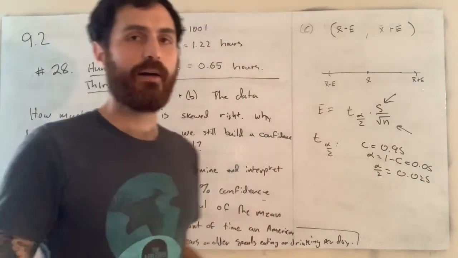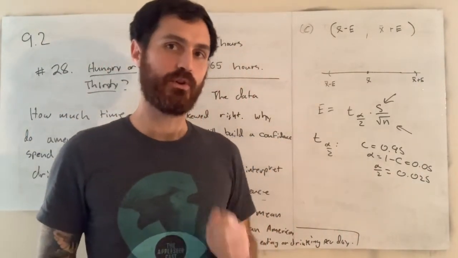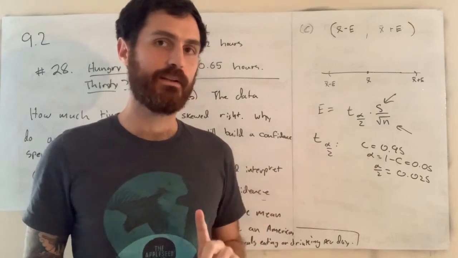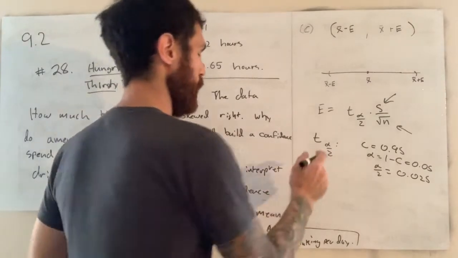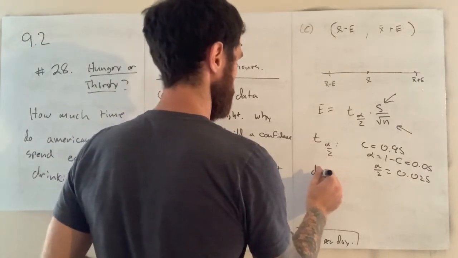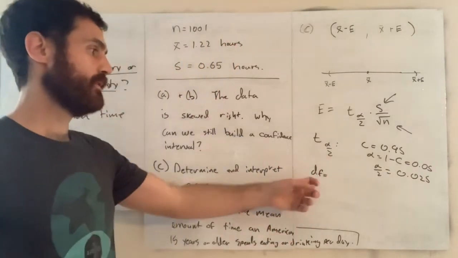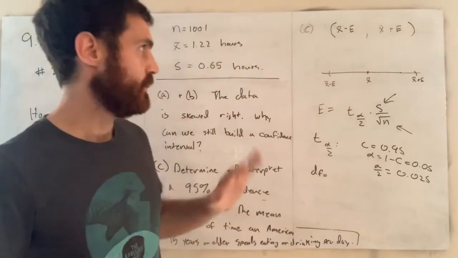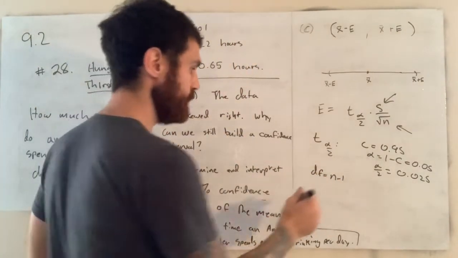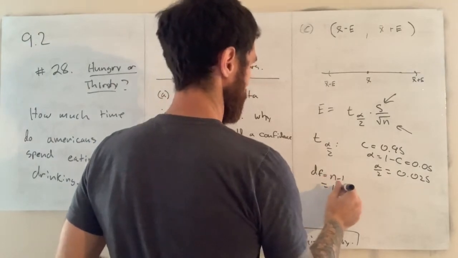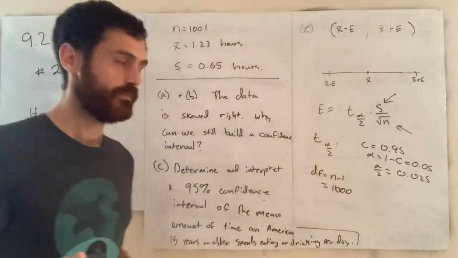And we also have to figure out which t distribution we're using. And that depends on the degrees of freedom. Well, remember, the degrees of freedom in this case is just going to be our sample size minus 1. So our degrees of freedom are going to be 1,000.